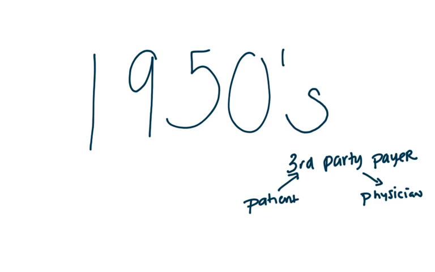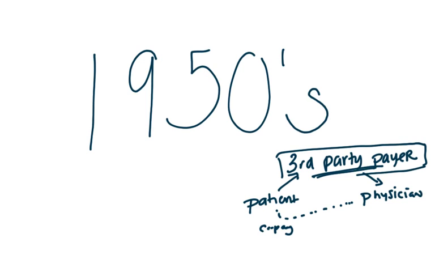Now, the third party payer, the insurance, will likely require that the patient pay the physician a copay. We'll talk about the specifics of insurance in another video. But suffice to say that the introduction of the third party payer changed the structure of U.S. healthcare.